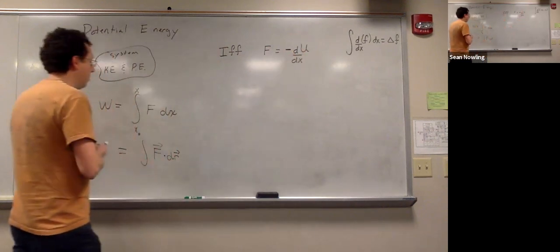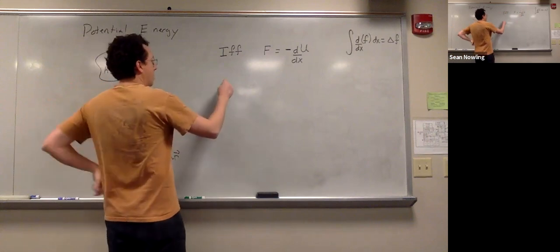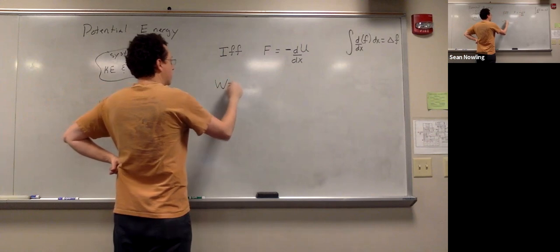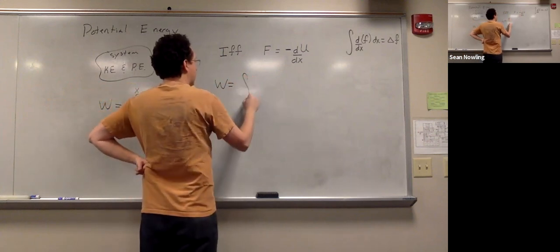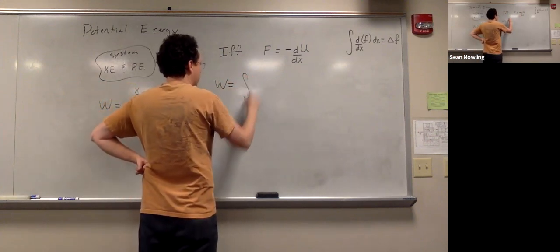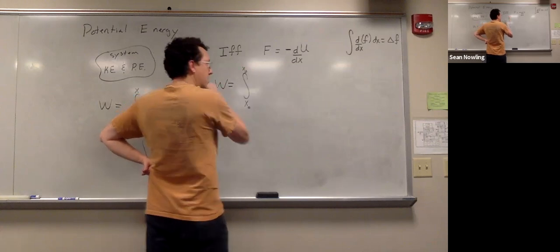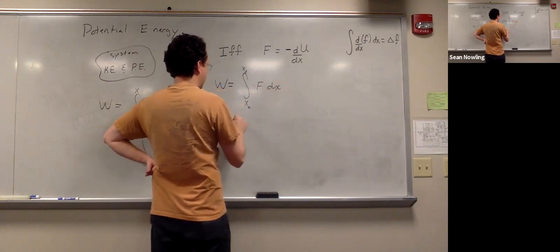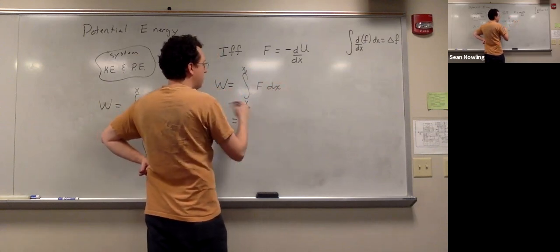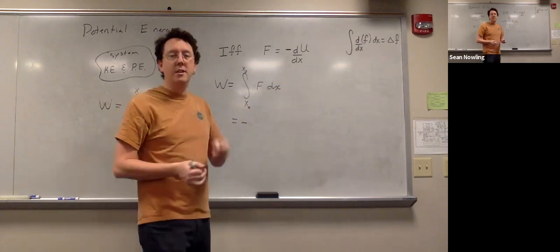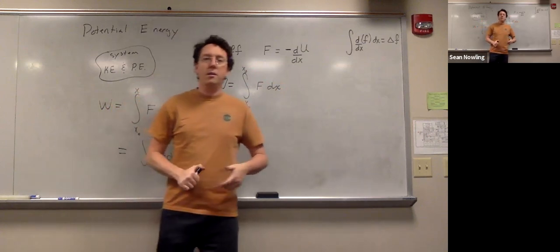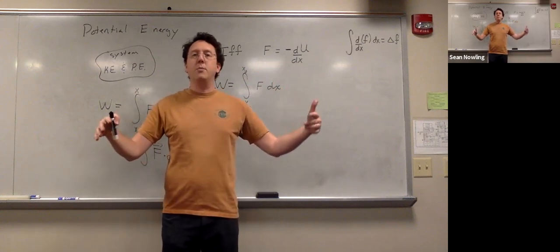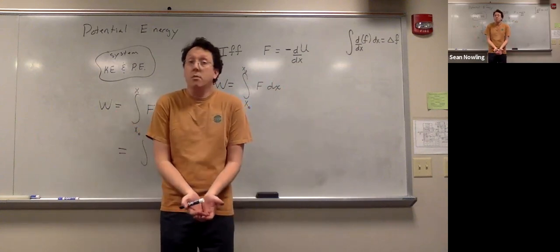Then look what happens. The work in going from initial to final equals the integral from x initial to x final of f dx, which equals minus, the minus sign is really there for convention. If you've had chemistry, you've talked about potential energy there, and you know that we typically want the ground state to be stable.